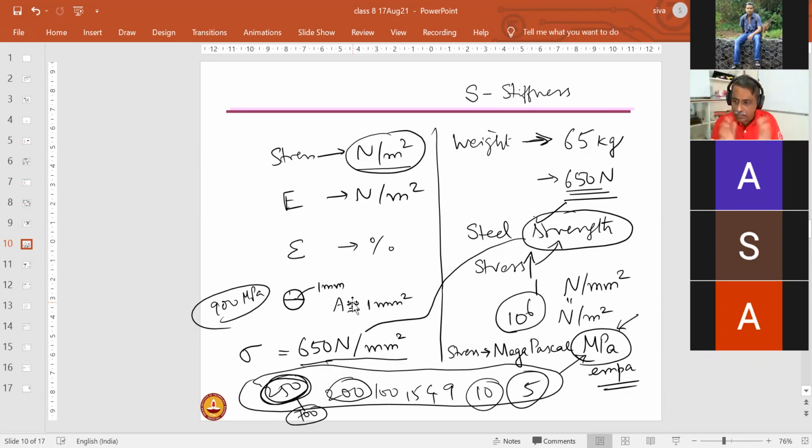Similarly, we can look at different materials and get a feel for the stiffness and strength of those materials. I'll go further into it in the next class, but just to give you an idea of how it feels to say some number, 200, 300, 500, 10,000 and so on. Oh, you found it in physics lab.